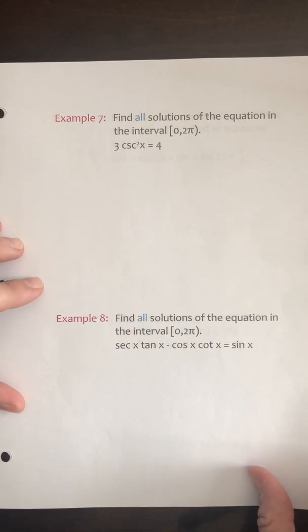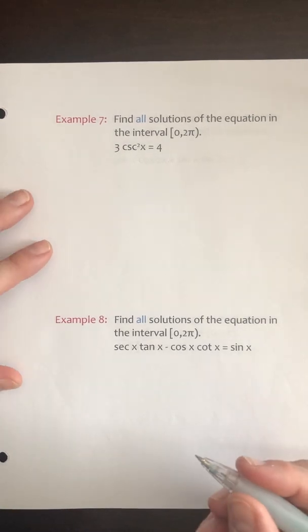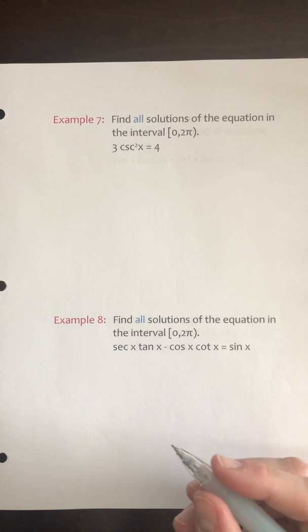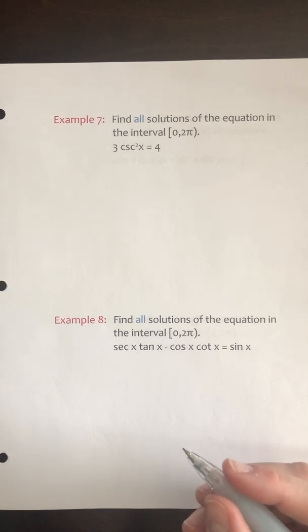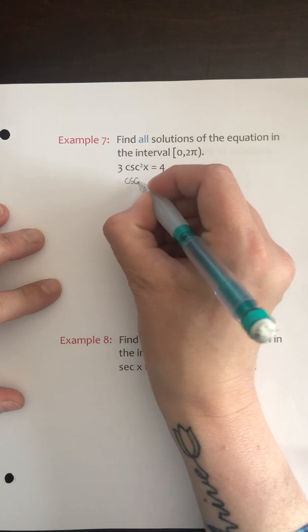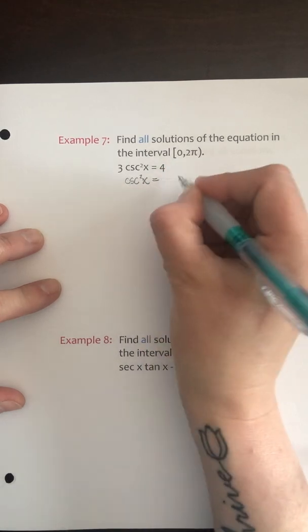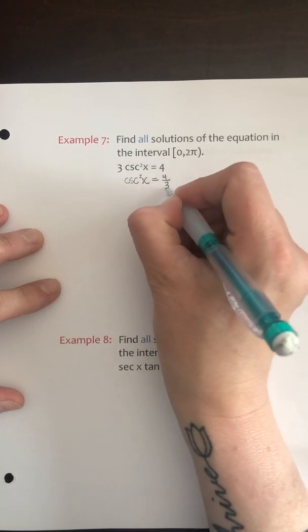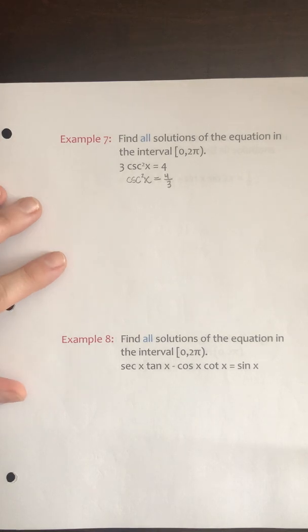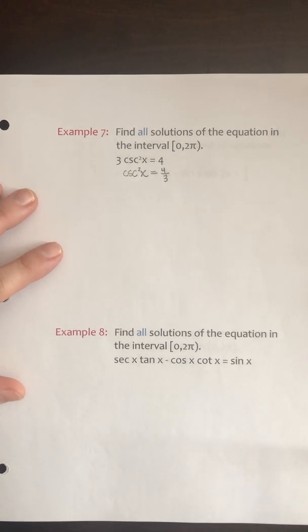All right, example 7. Again, we're finding all of the solutions, but we're in a very specific interval here. So first thing I'm going to do is divide both sides by 3. And I don't particularly like working with cosecant because I feel more comfortable with its reciprocal, which is sine.